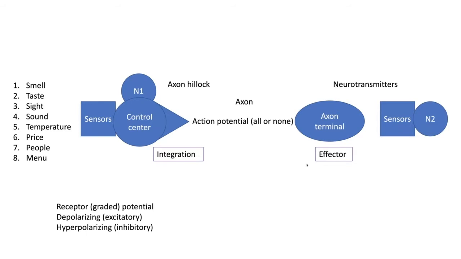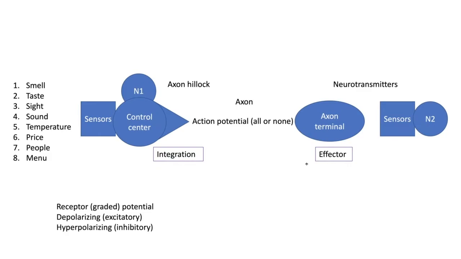I need to walk there. Then I need to open, take the water, put it in a cup, and then move back using my vision, my ears, my muscles, and give the water to this person. So just imagine how many neurons are transmitting to each other, how many decisions are being taken at the same time, just to perform a simple action like giving water to someone.